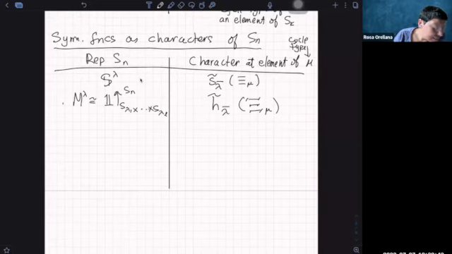I'm going to start putting the evaluations, but you can also do tensor products, in analogy with the general linear group.